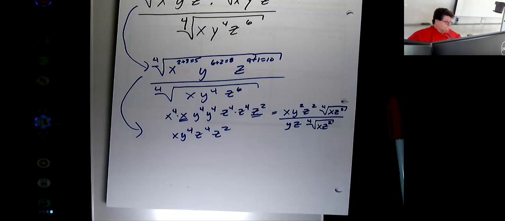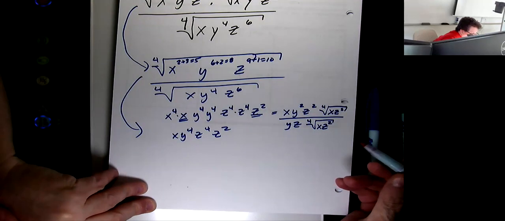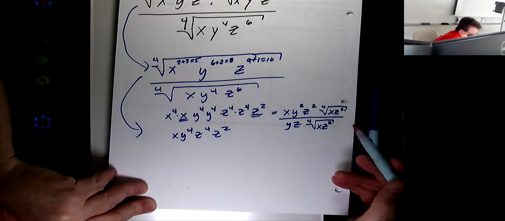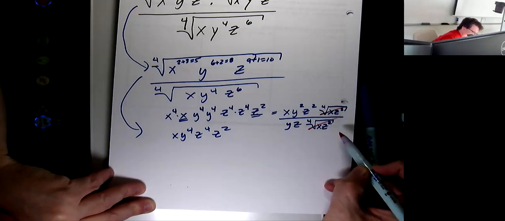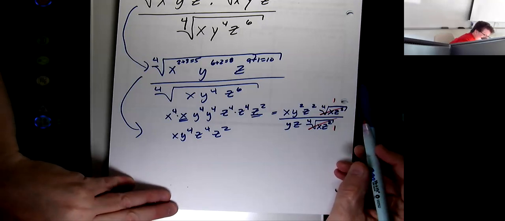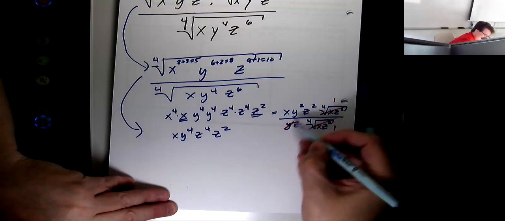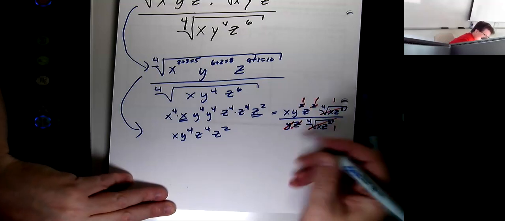Now you can cancel the roots. The fourth root of x z squared, those cancel because they're identical, right? Yeah, they're identical. Then you cancel a y with y squared, making it y on top. Same thing with the z. So what's my final answer?